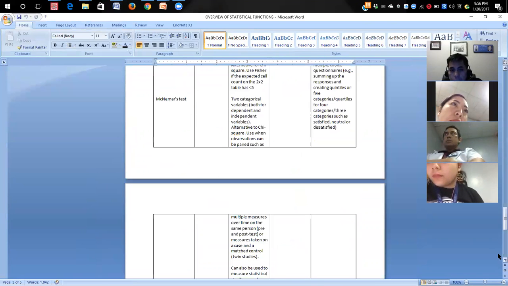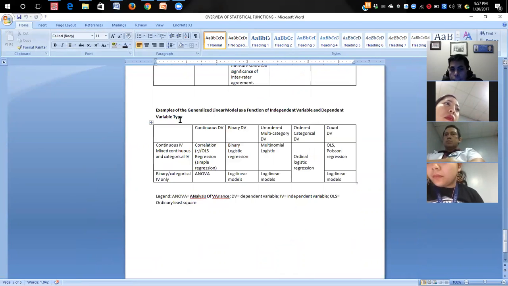I've added another table with examples of the generalized linear model as a function of independent variable and dependent variable. So if you have a binary categorical independent variable and a binary dependent variable, the best statistic to use will be your binary logistic regression.